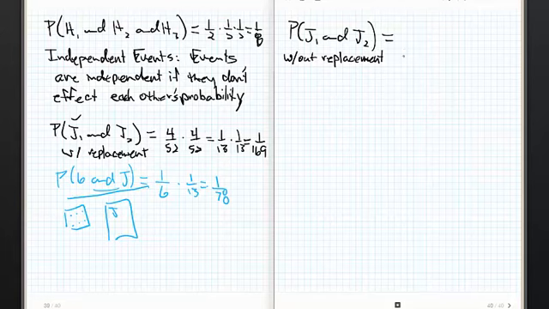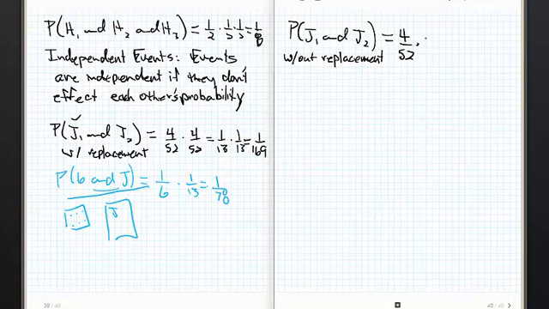Okay? The probability of getting a jack on the first is 4 out of 52. But on the second one, now remember, I'm still making what is ostensibly a 2-card hand. The probability of getting a jack on the next one, well, think about this.